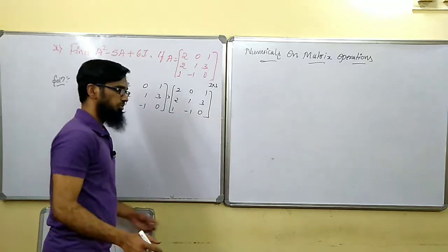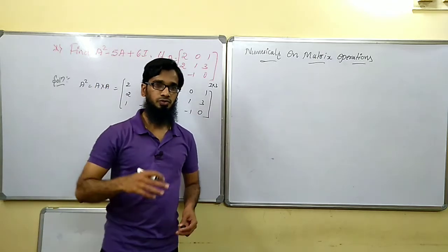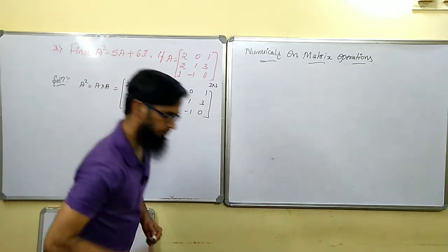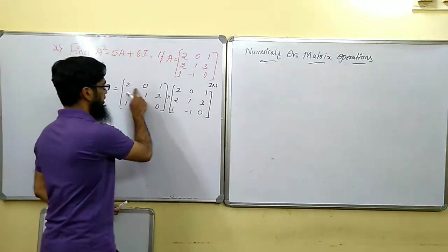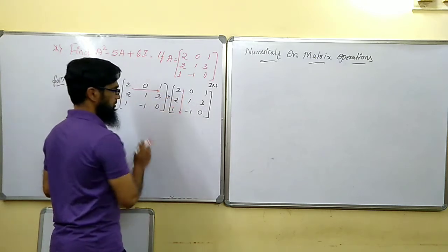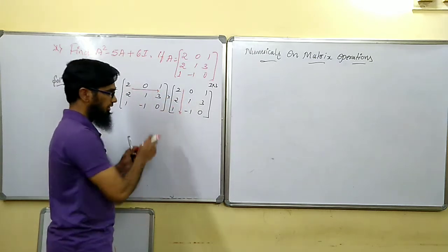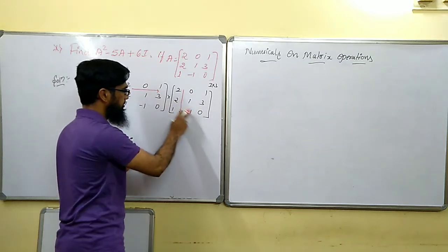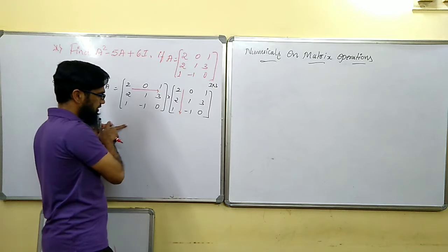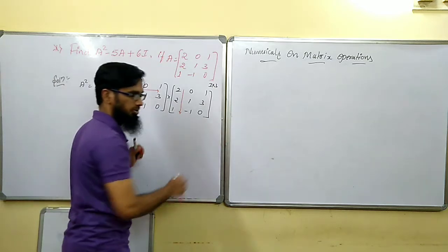Okay. So in the previous videos we have done how we can do the matrix multiplication here. So how to do the matrix multiplication? So the only thing is, consider the first row and first column element. We have to write it in the first place. Again take the first row, second column, again first row, third column, which comes in the first row, first element, second element and the third element.